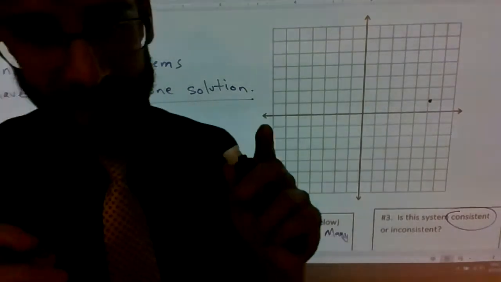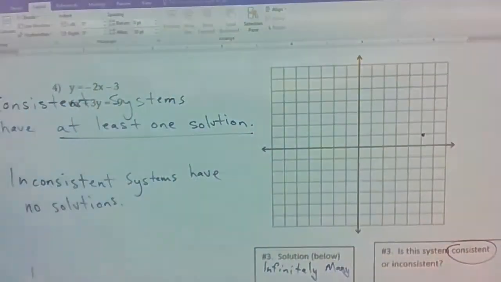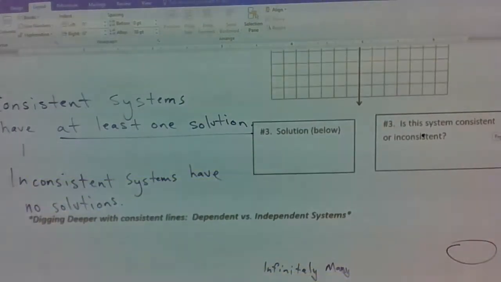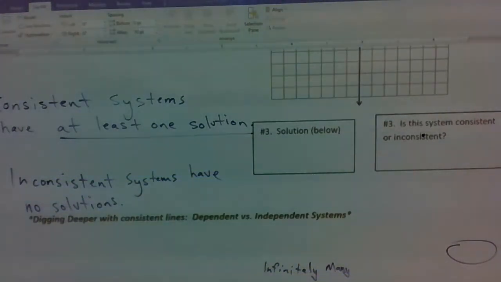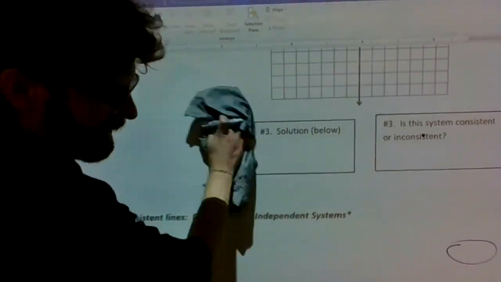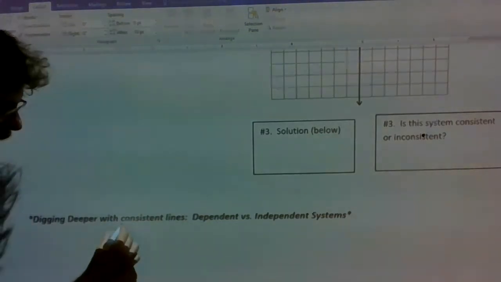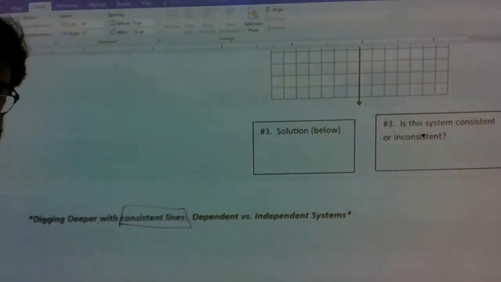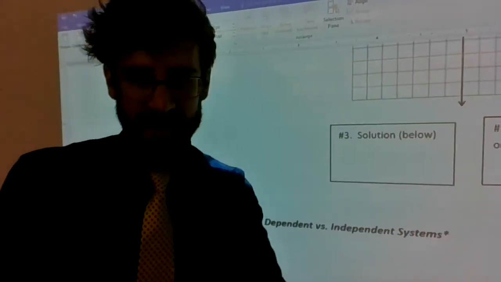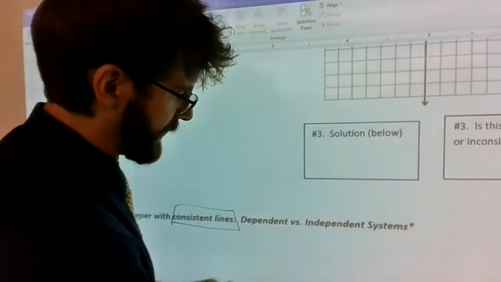All right, now lastly, very last thing. I know there's a lot going on here. There's something called a dependent system versus an independent system. When you're talking about a pair of consistent lines, when we're talking about consistent solutions, you can either be dependent or independent.